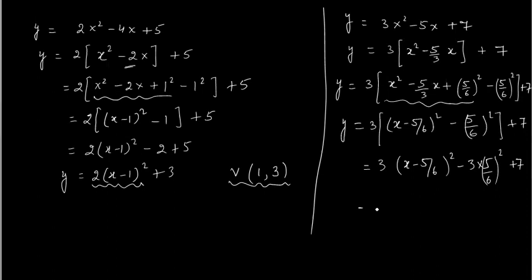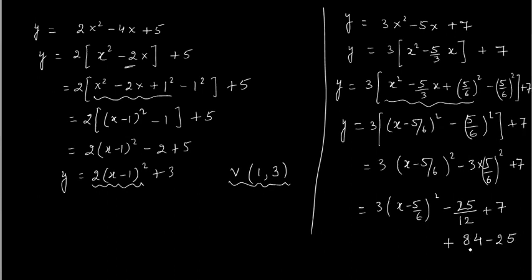So we get 3 times (x minus 5 by 6) whole square. (5 by 6) square is 25 over 36, times 3 is basically 25 by 12. So we get minus 25 by 12 plus 7. This can be rewritten as (84 minus 25) over 12.